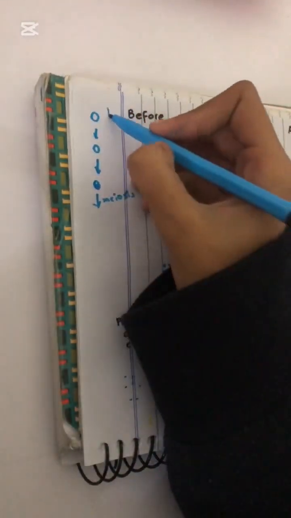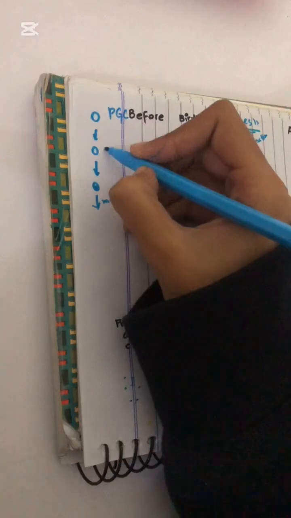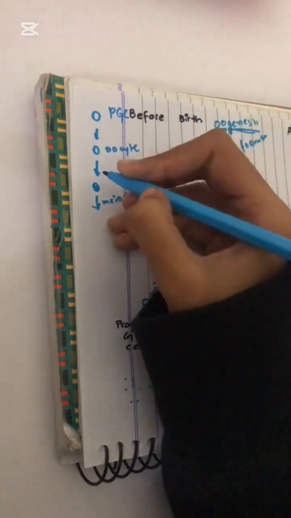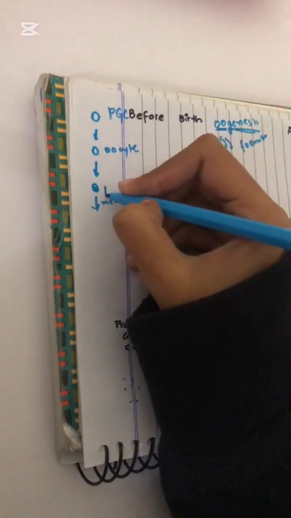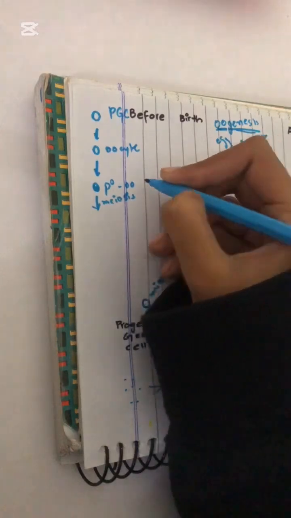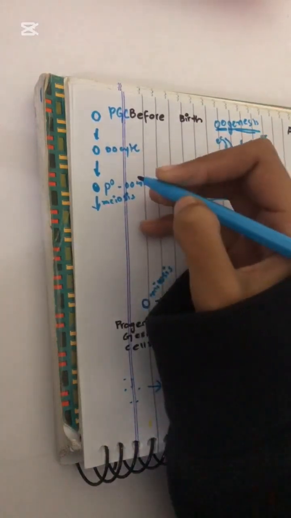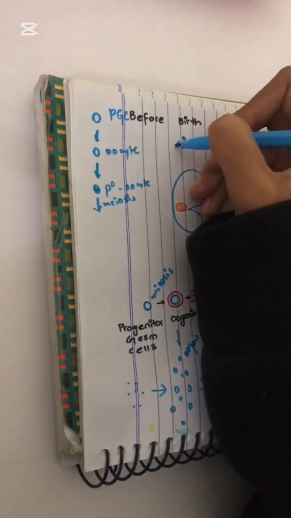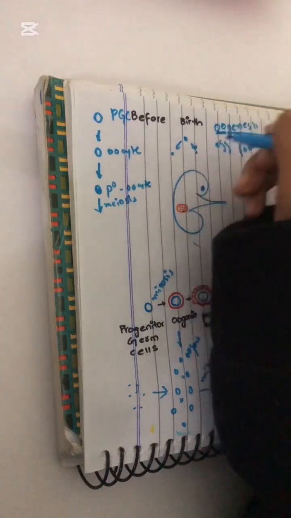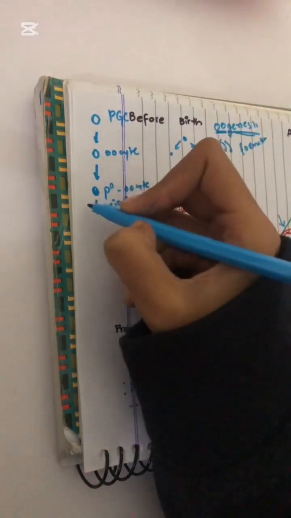We have progenitor germ cells which divide mitotically to form oogonia, which divide to form the primary oocyte. Now it divides by meiosis. When meiosis occurs, a cell normally divides into two equal daughter cells, but here this does not occur.